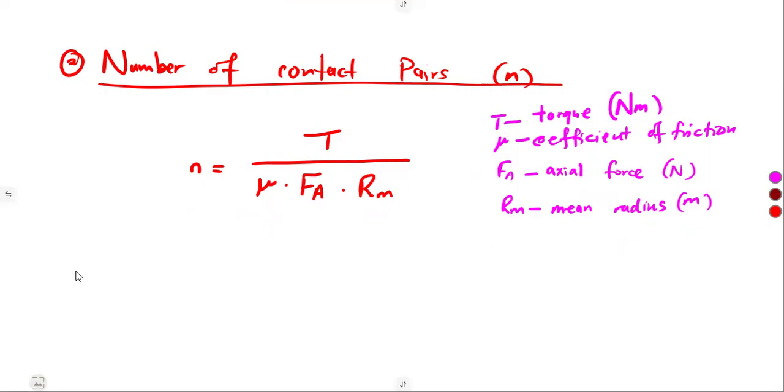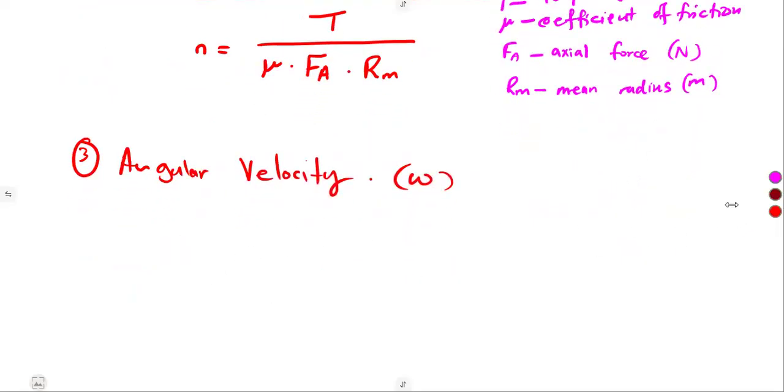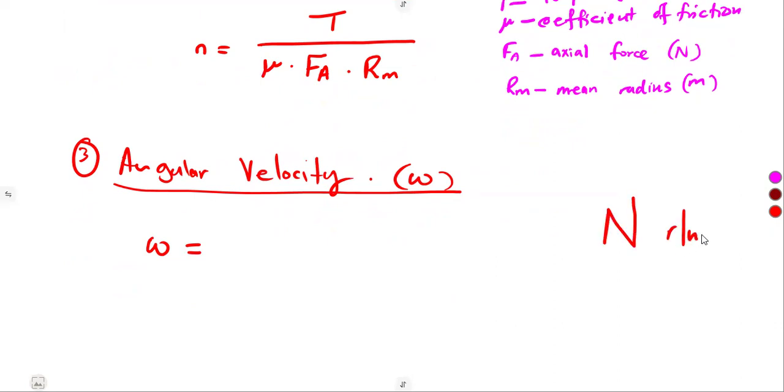Another part that we are going to need is to calculate the angular velocity. As we can see, guys, here we are still part of our engineering science. Remember, from our engineering science, angular velocity, which is omega, can be calculated when we are given the speed in revs per minute, from the formula 2 pi n over 60, which gives us the omega in rad per second.